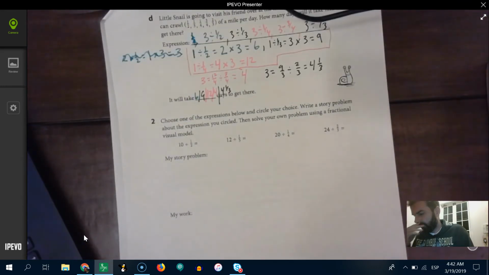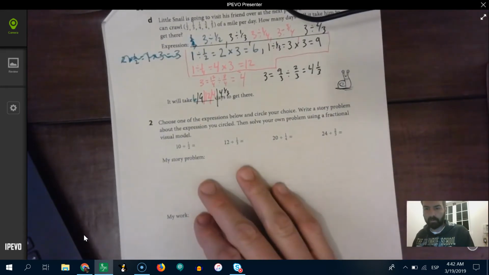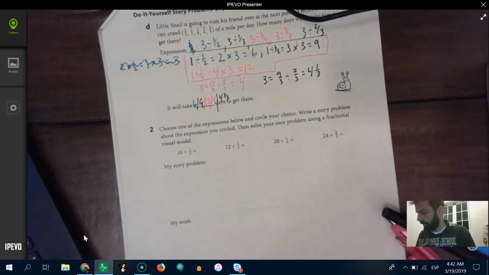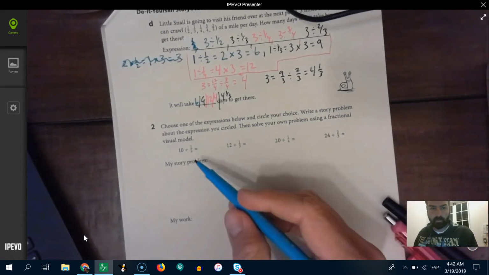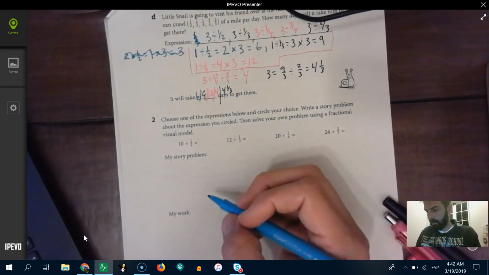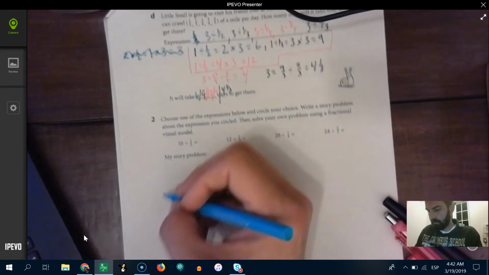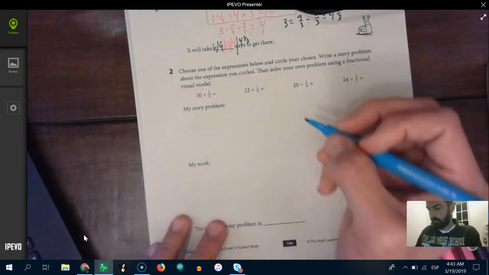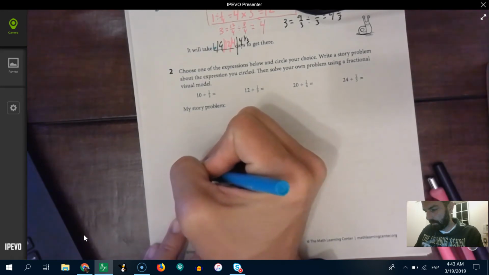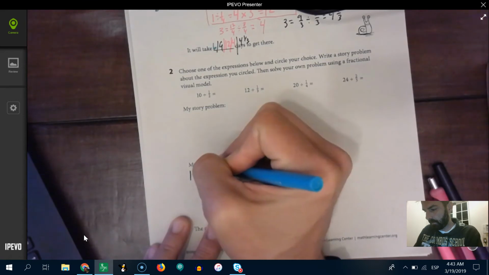Okay, for this one, I'm not going to write a story problem for each one, but I will solve each problem down here. So first, 10 divided by 1/2. How many halves are there in 10? If I have 1 of something, and I want to know how many halves there are in that, that's going to give me 2.